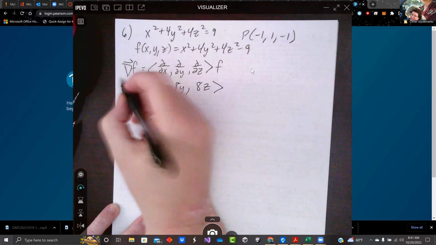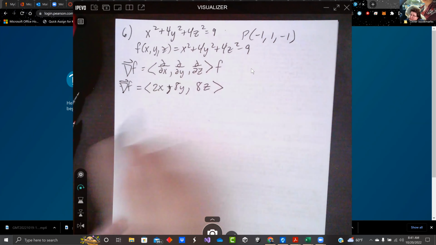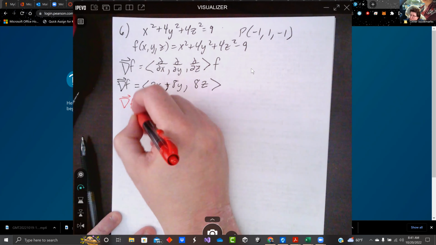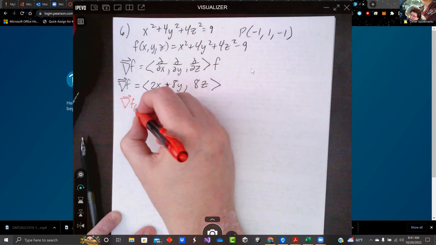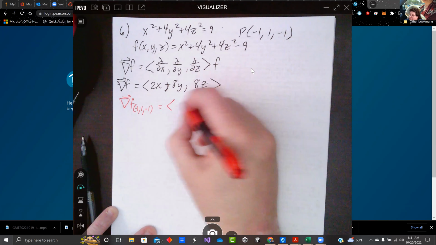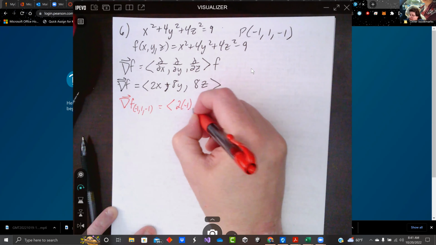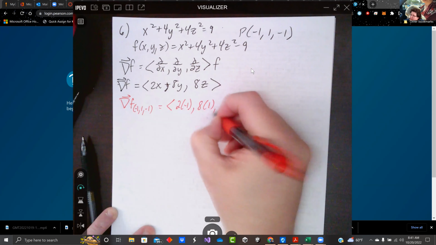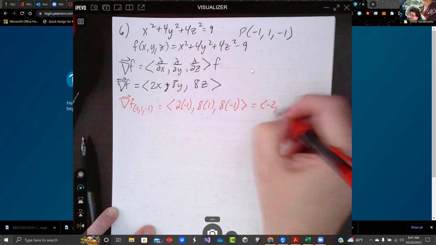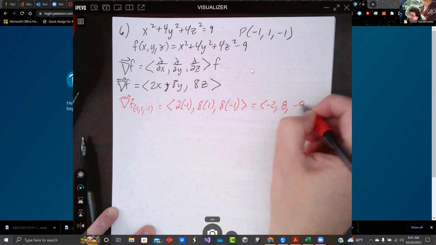So that's the gradient of f. The gradient of f at P (-1, 1, -1) is 2 times -1, 8 times 1, 8 times -1. This is (-2, 8, -8).